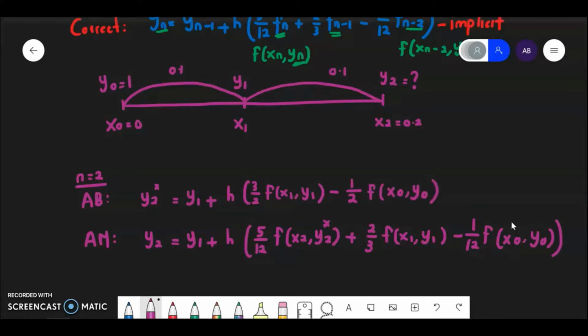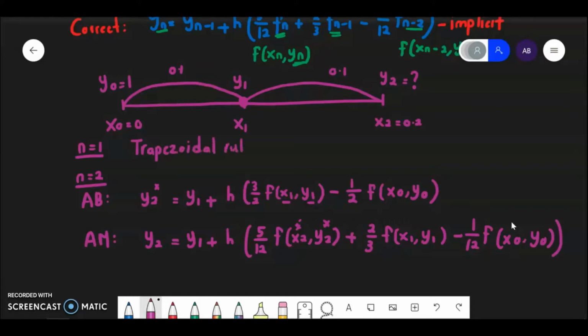So this y2 dash can be obtained from my Adams-Bashforth, so that I can obtain this f of x2, y2. Now what about this x1, y1 value? How are you going to find that value? For n equals 1, I need to use any RK method as the starter. So I'm going to use the trapezoidal rule. Let's see.